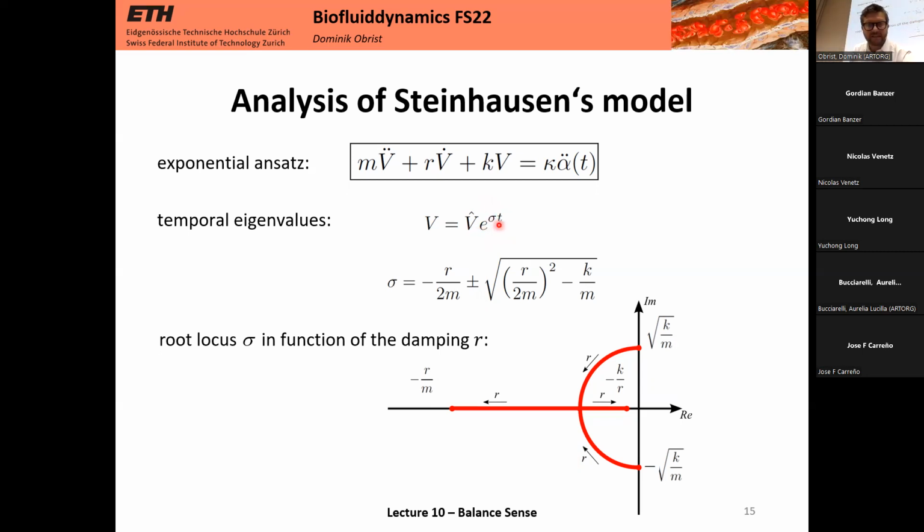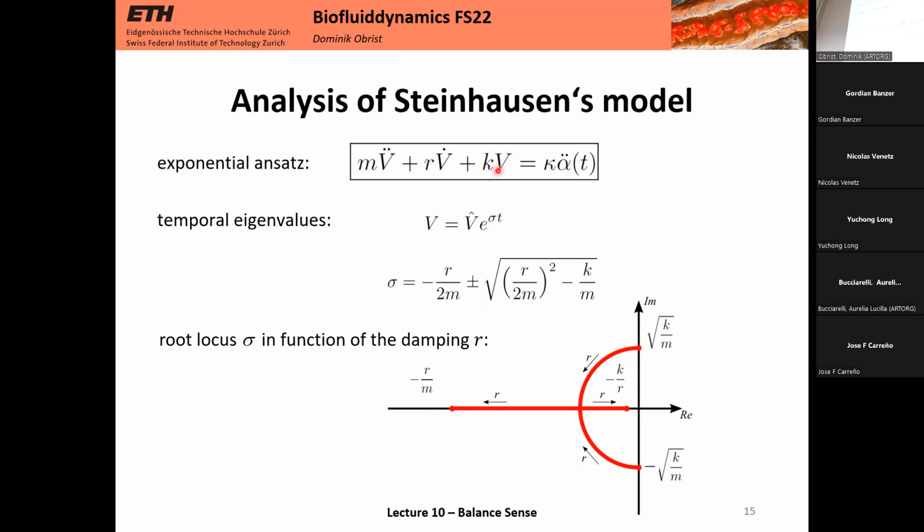And we have here this parameter sigma in it. We can interpret this as an eigenvalue of the system. And if we plug this ansatz into this formula, you see from the dot dot, we get a sigma squared here. And from the V dot, we just get a sigma, and here we get nothing.